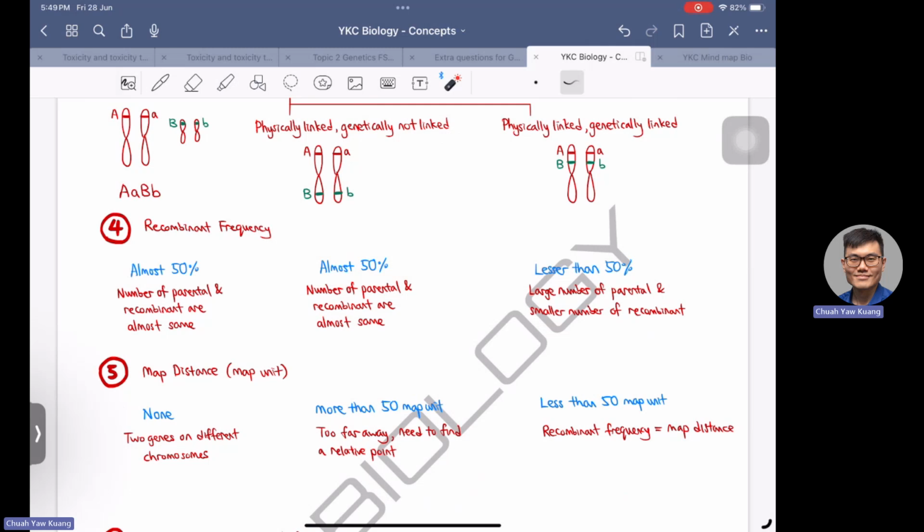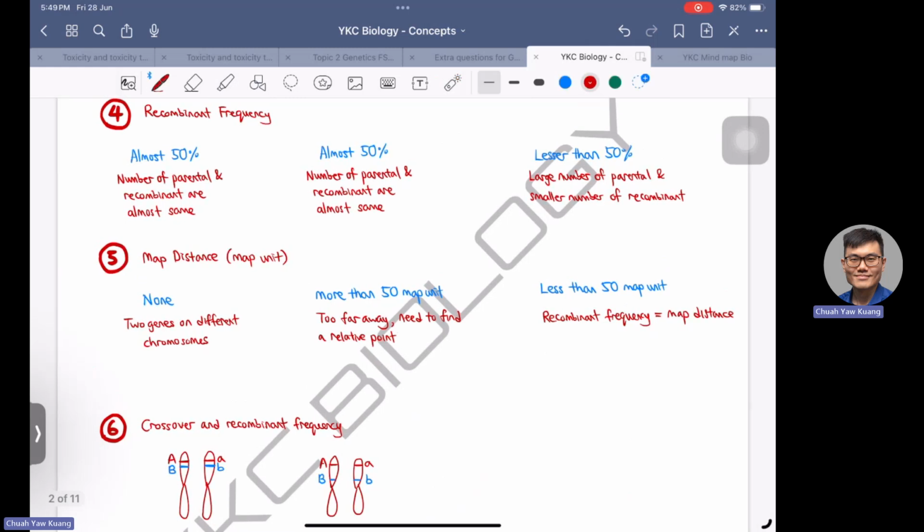So how do we find the map distance for this type of linked gene? Well, we need to find a relative point. What does it mean by relative point? It means that you have to look into the questions.